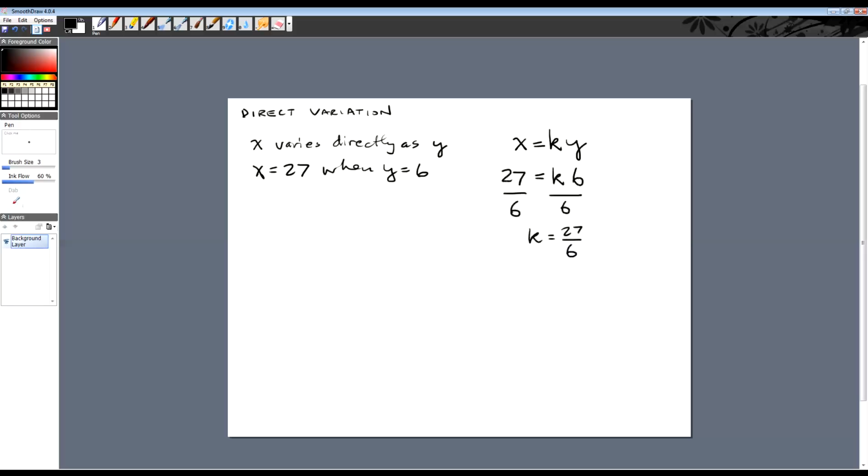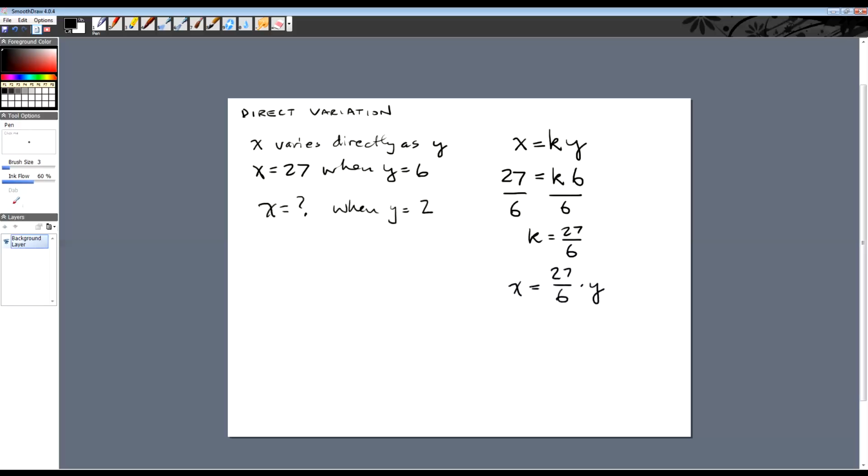So k equals 27/6. The problem says to find x when y equals 2. So x equals blank when y equals 2. What we do here is we just plug this value of y into the equation. Now we know what k is. This is x equals 27/6 times y.